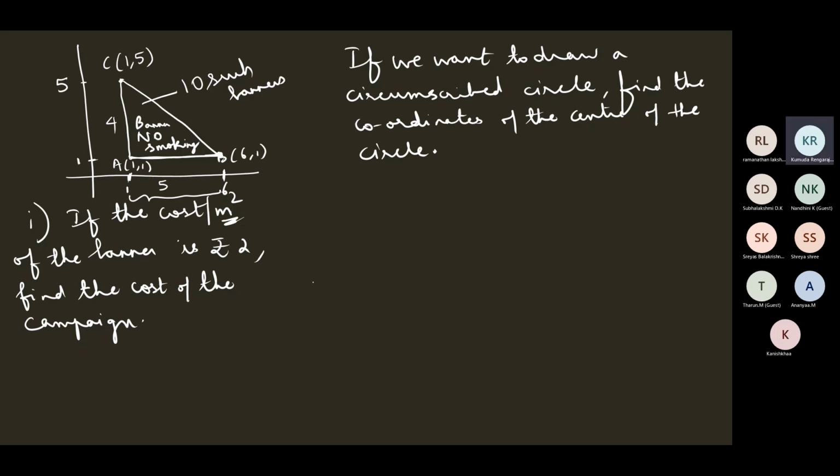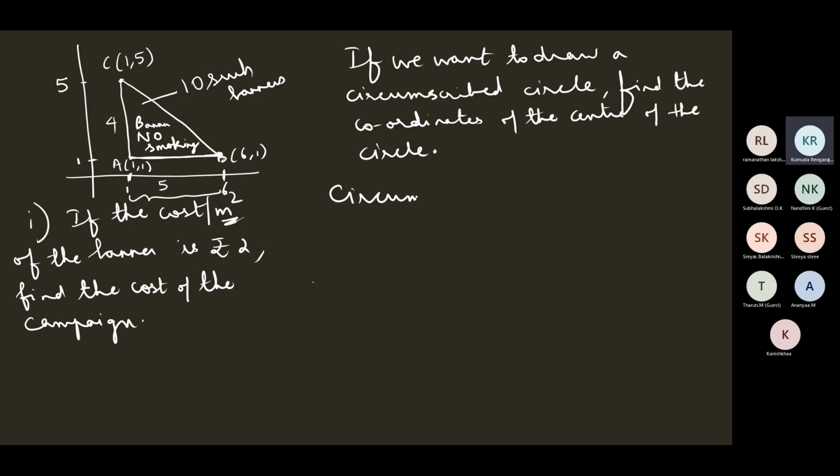But there is a very important property of the circumcenter of a right triangle. The circumcenter of a right triangle lies on the midpoint of the hypotenuse. Very important.